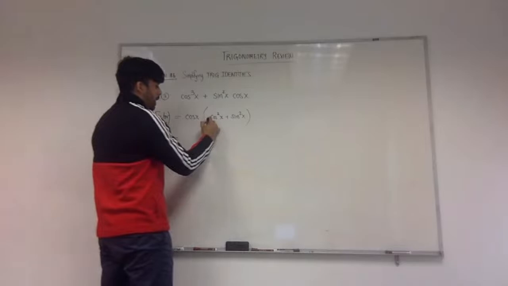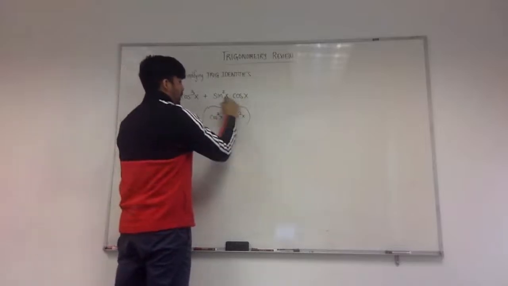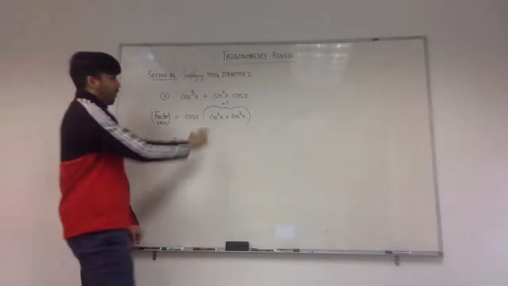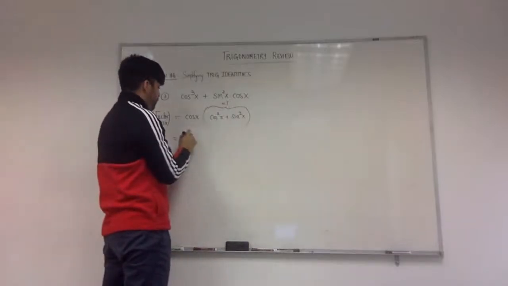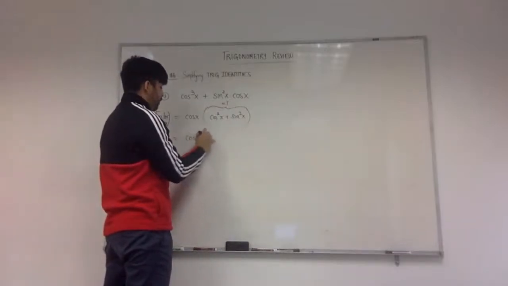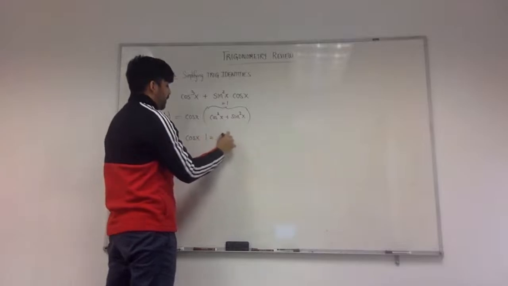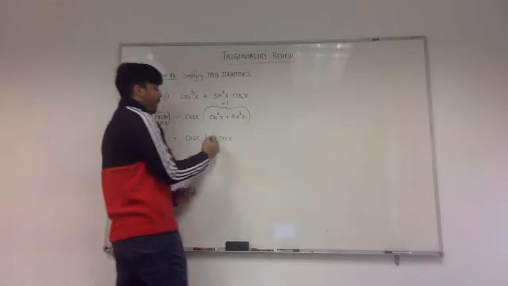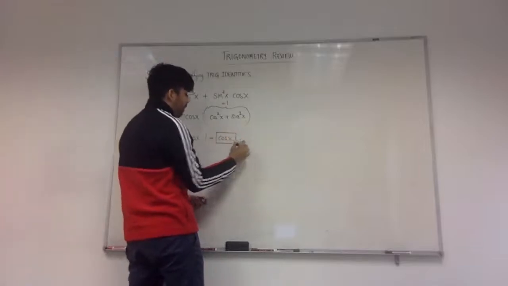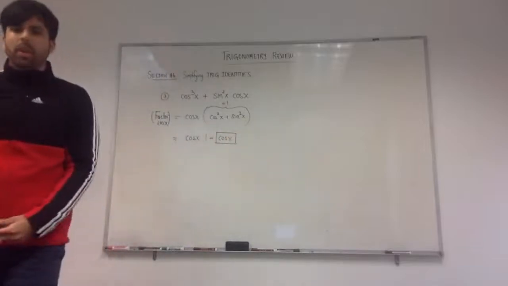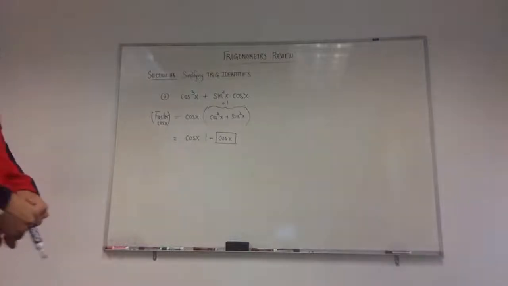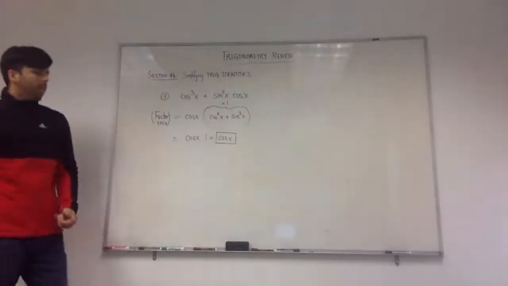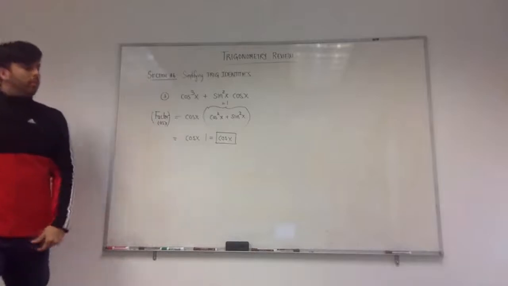And then I realize, hey, this right here equals 1 because of the Pythagorean identity, which I should know. So this whole thing results in 1, and cosine of x times 1 is simply cosine of x. So what does this expression simplify to? It simplifies to the simple expression cosine of x. So cosine cubed x plus sine squared x times cosine of x simplifies to cosine of x.